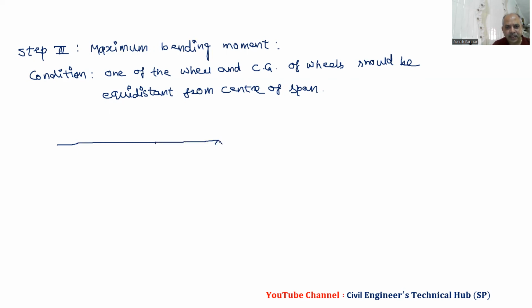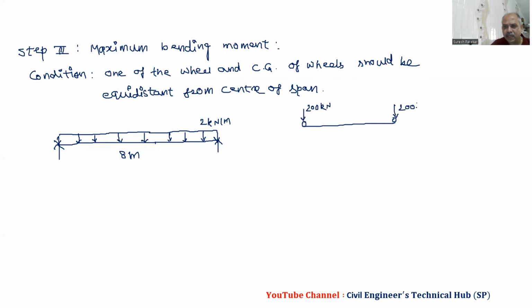So we have 8 meters, with 2 kilonewton per meter. Now try to understand how we have to place it. Now I will draw this. We have this wheelbase, with 200 kilonewtons and 200 kilonewtons, 3 meter apart.